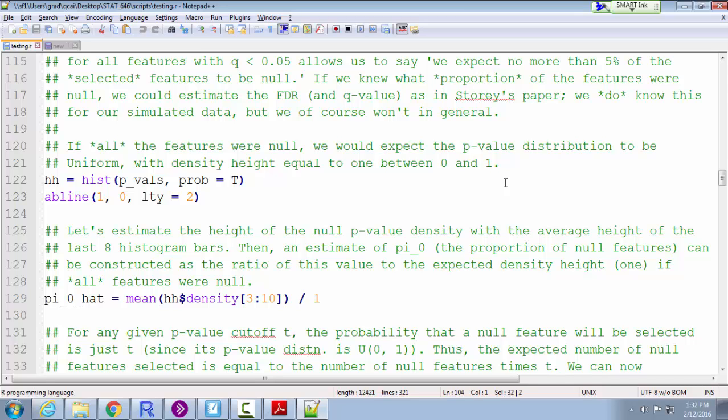If you did a Bonferroni correction, you'd probably find nothing, because 100 and something thousand, you find a few? Yeah, a couple hundred.